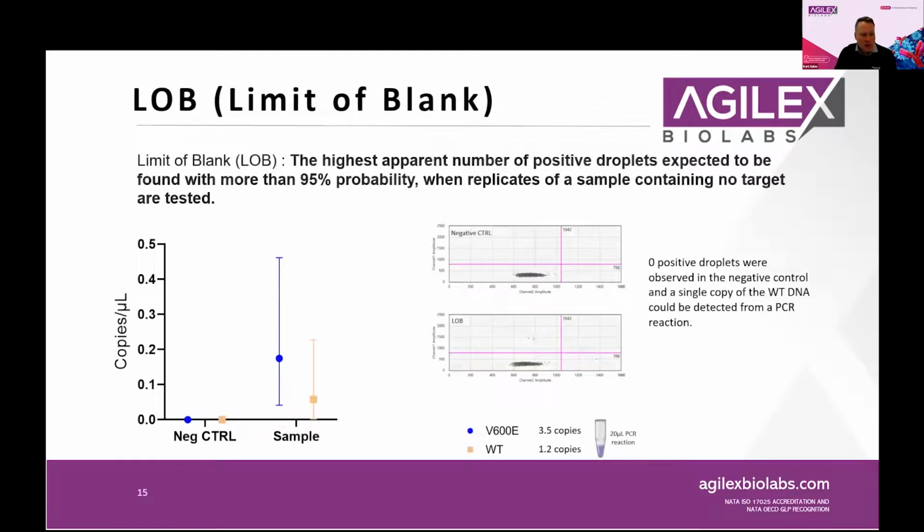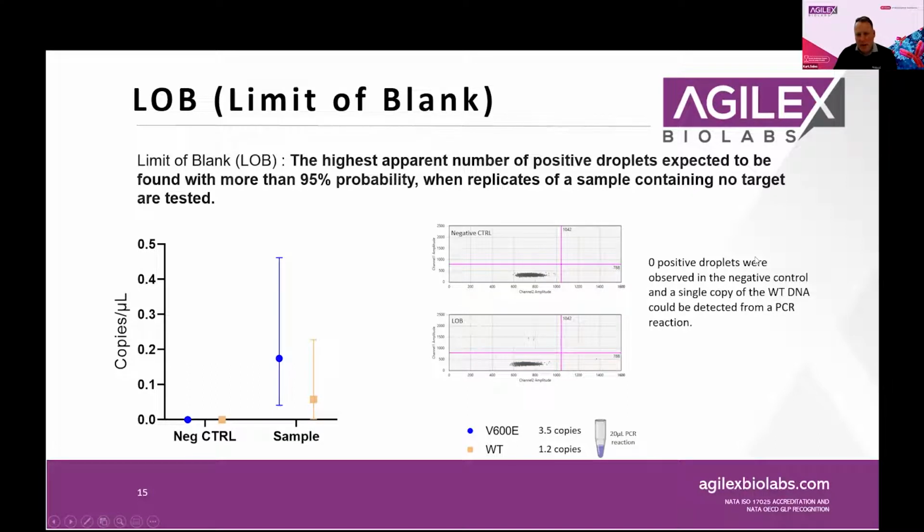We then determined the limit of blank. The limit of blank is really a 95% probability that a sample containing no target, in multiple replicates, gives a consistent value. Consistently, we were able to determine that for the negative control we would derive 0 fluorescence, which is to be expected.